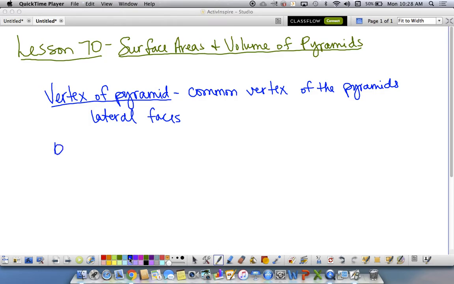Okay. The base of a pyramid. The thing it sits on, right? Yeah, it's the face of the pyramid that's opposite the vertex.